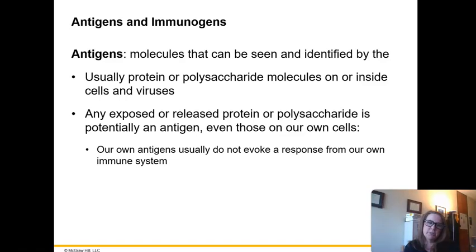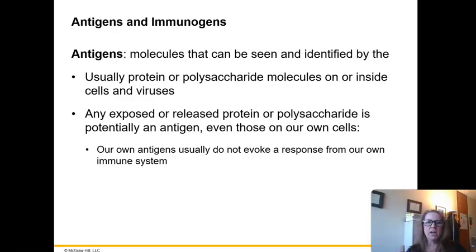Some of you might remember that there are macrophages, and they're called antigen presenting cells. And again, that essentially is going to launch this third line of defense. But it all starts with recognizing what is self and what is foreign. So these molecules that your immune system is using are what we call antigens.